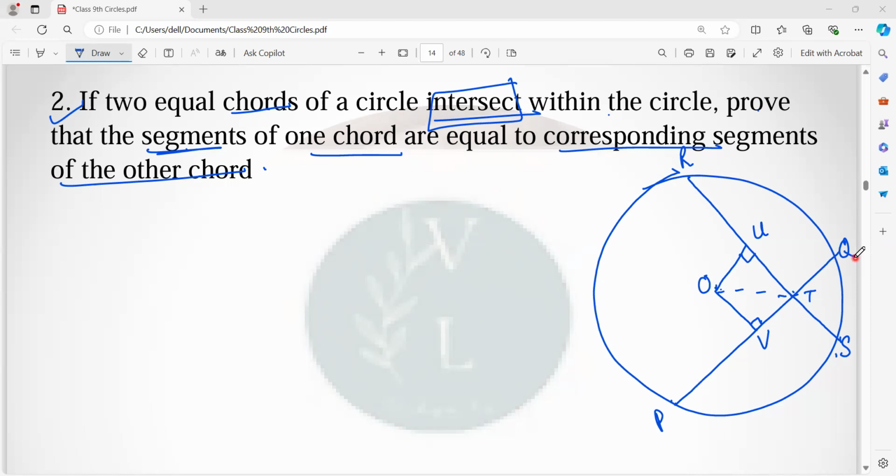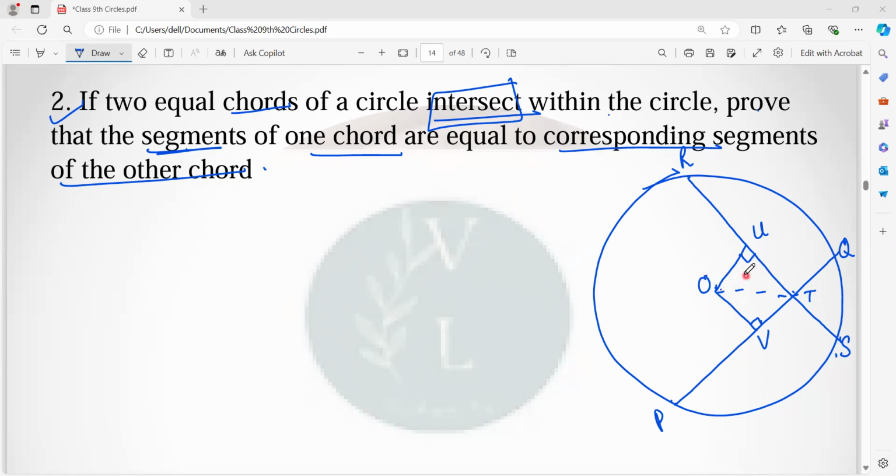So how are we going to prove this? For that, we have just drawn a perpendicular from the center to the chord, right? And we know that a perpendicular drawn from the center to the chord, first of all, bisects the chord. And second, the lengths of these perpendiculars are equal if the chords are equal. And we are given that the chords are equal.